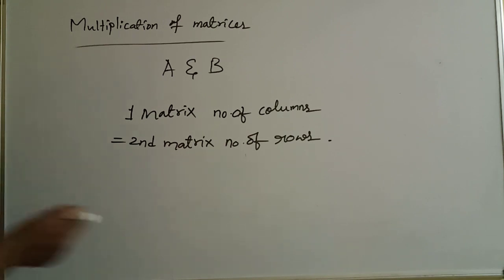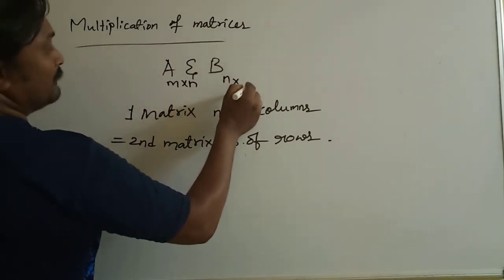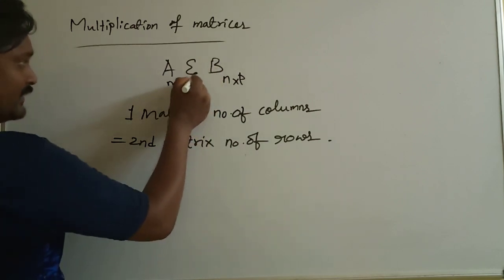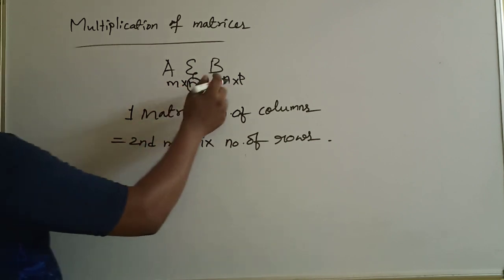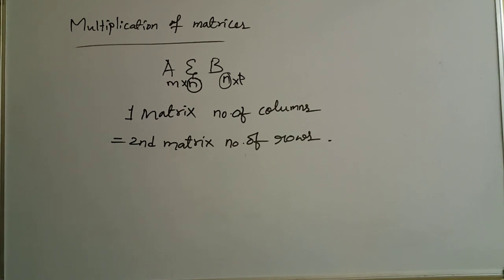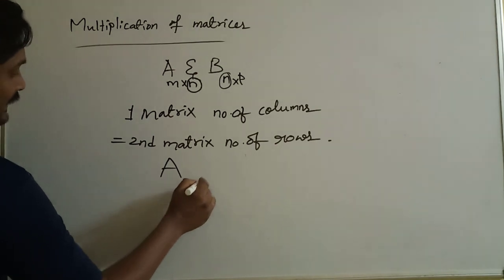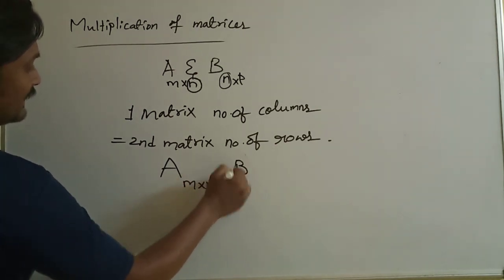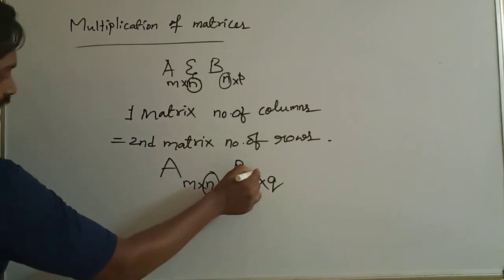For example, I take A as m by n and B should be n by p. Means the first matrix number of columns should be equal to the second matrix number of rows. Then only it is possible to find the multiplication of matrices. If, for example, A is m by n and B is p by q, then you check here, it is n, it is p.